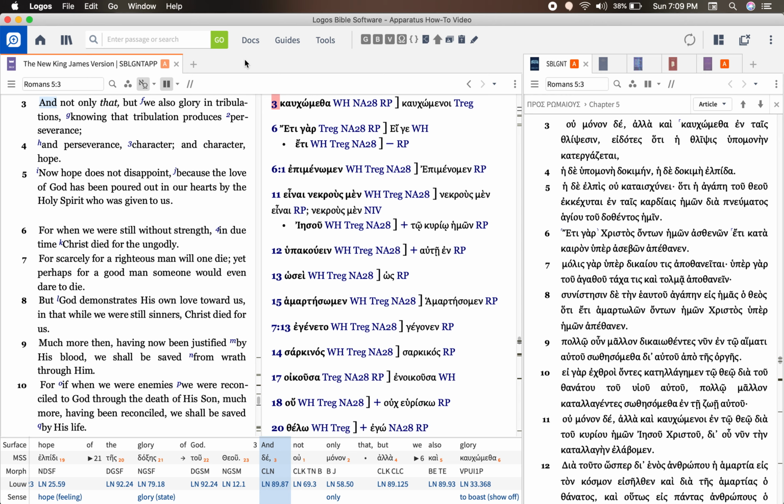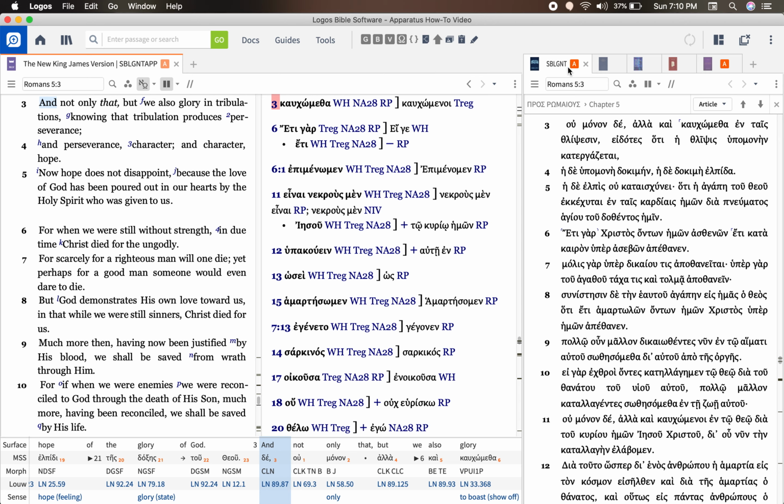Now, before we get started, I'm just going to show you my setup here. What I have is a parallel window. In Logos Bible software, there's a feature called multi-view. At least that's what it was when it first came out. It allows me to put two texts side by side so that the text always scrolls together.